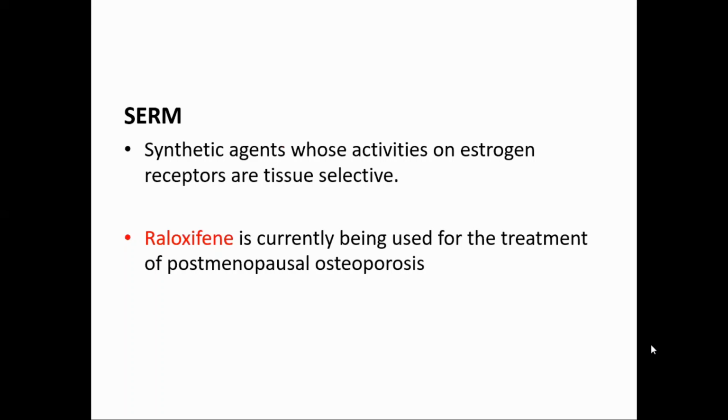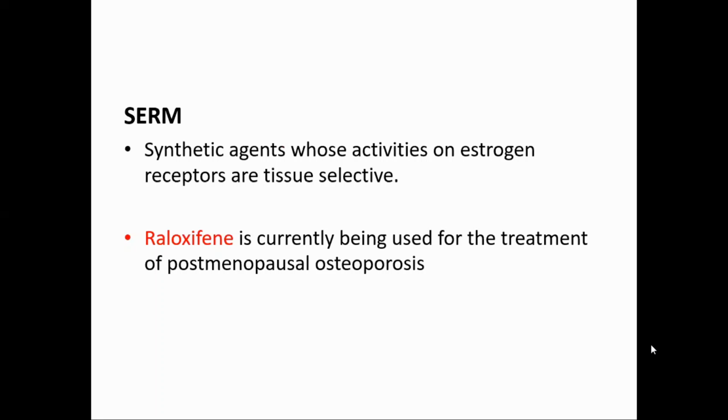As for example, the drug here is raloxifene, and they are currently used for the treatment of postmenopausal osteoporosis. So, meaning that they have agonistic activity in some tissues, as for example, bone. So they cause bone formation, and they have antagonistic effect on some tissues, as for example, breast and the endometrial cells of the uterus, and hence they have antagonistic effect on breast and endometrial carcinoma.